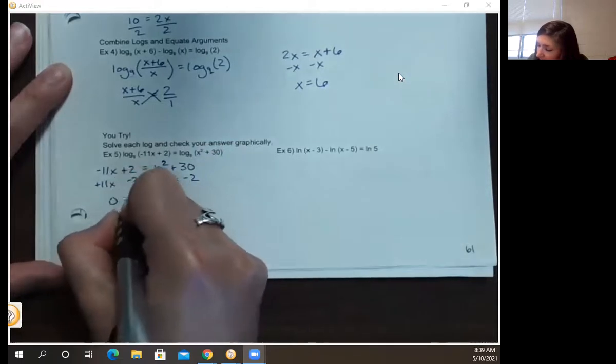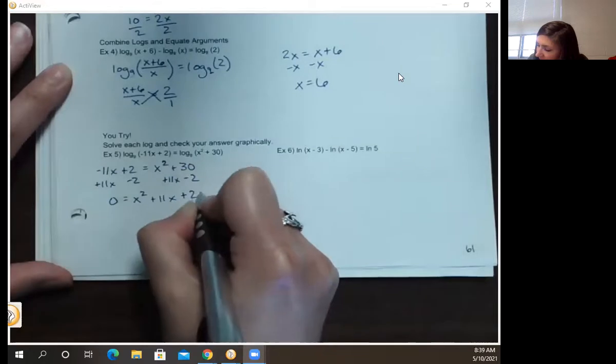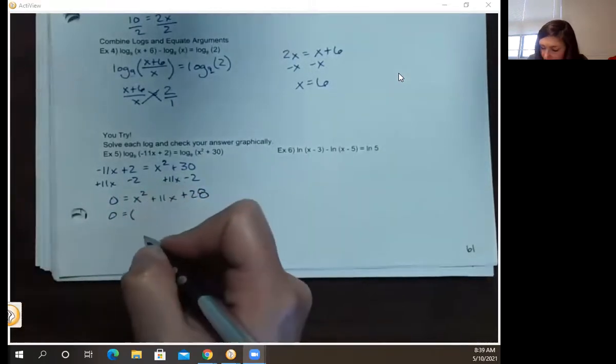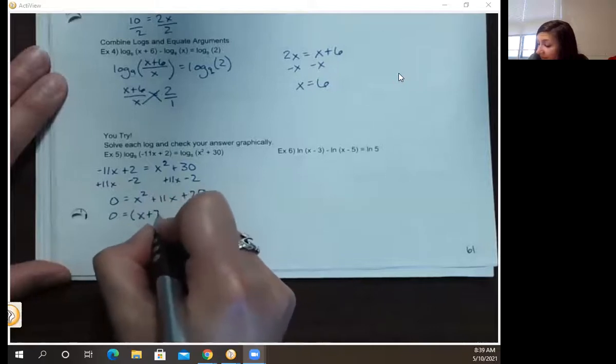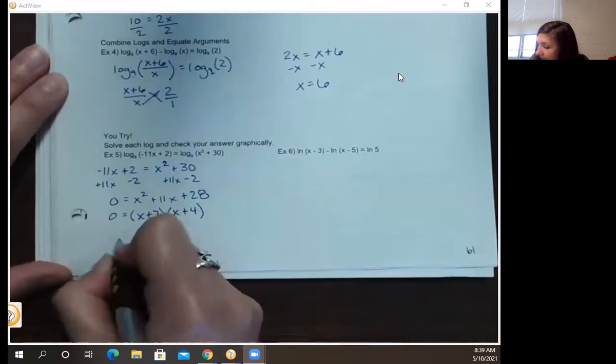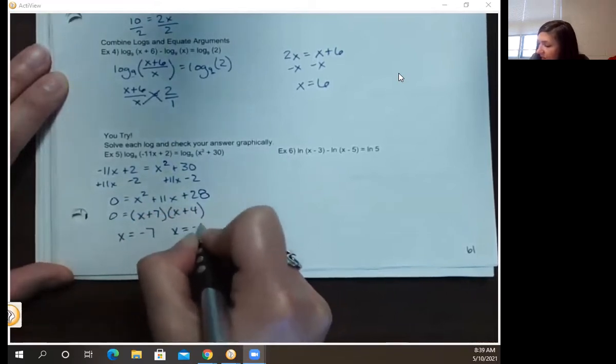And I get 0 equals x squared plus 11x plus 28. So factored form for this would be x plus 7 times x plus 4. And my solutions would be x equals negative 7 and x equals negative 4.